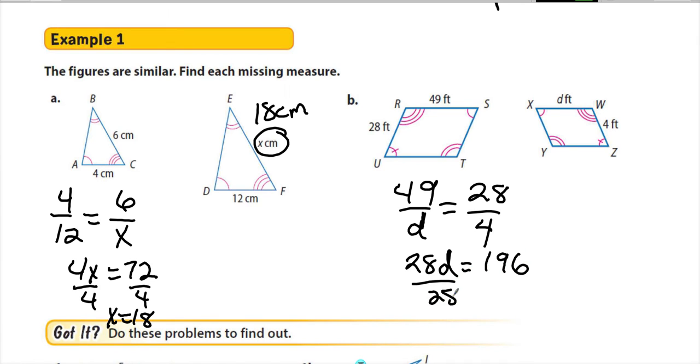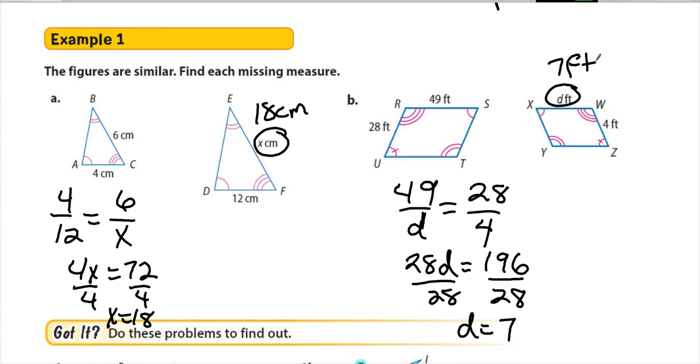And then divide that by 28, and that's going to make 7. So this time that would make that one 7 feet.